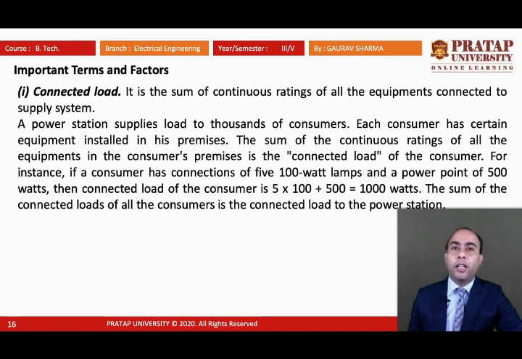The sum of the continuous rating of all the equipment in the consumer premises is the connected load. The total load connected is called the connected load. For instance, if the consumer has a connection of 5 lamps of 100 watt and a power point of 500 watt, then the connected load of the consumer is 5 into 100 plus 500 equals 1000 watt.